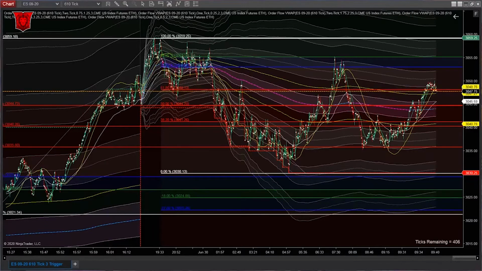So we'll just see what happens here, what they're going to try to do. We're now above this VWAP, the 24-hour VWAP.